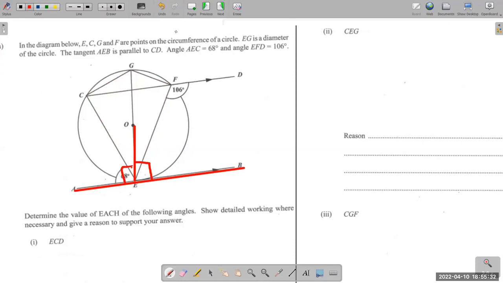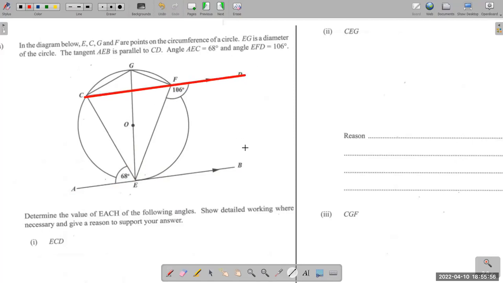Yes, it is. You know which line is not a tangent? Look at it. That's a tangent. Look at it in the diagram too. The tangent AEB. Everybody see it? This one up here is not a tangent. This one is not a tangent.